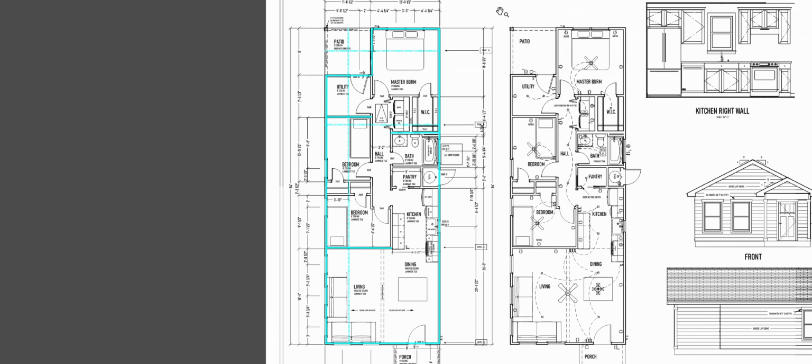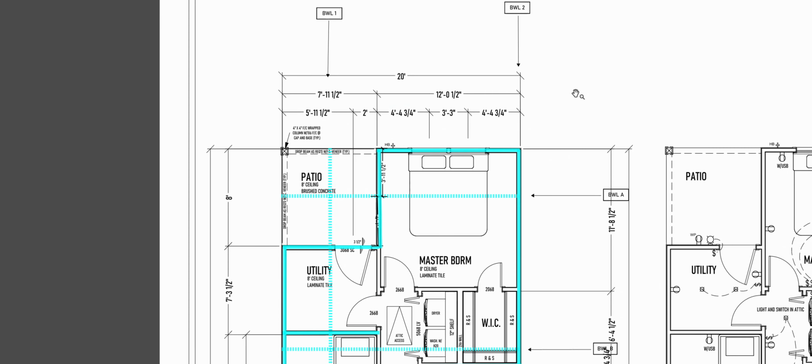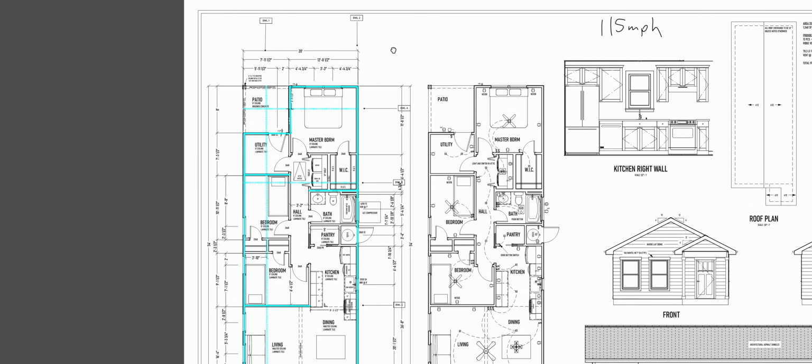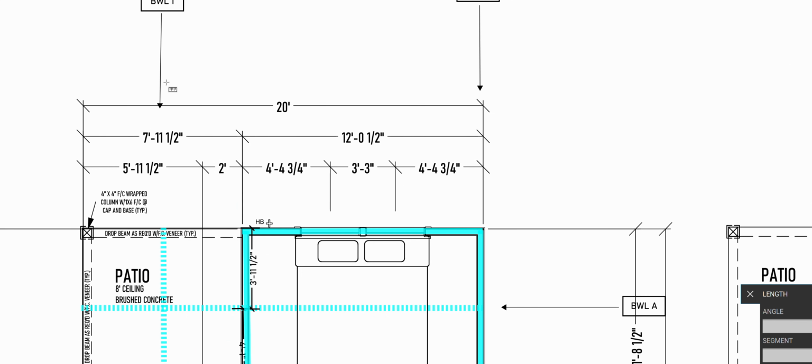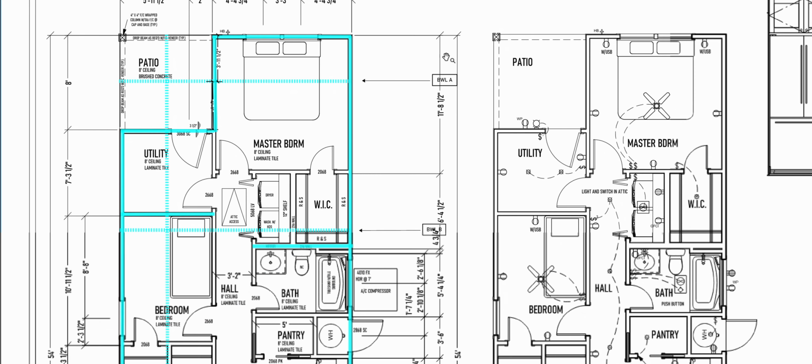Okay. So I got a 1 and a 2, and I got an A, a B, a C, and a D. I got them drawn and labeled. Let's get some dimensions on them. I am going approximately 15 foot, 11 3/4 there.